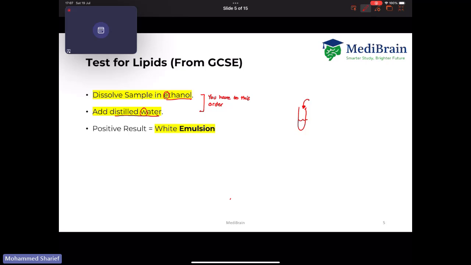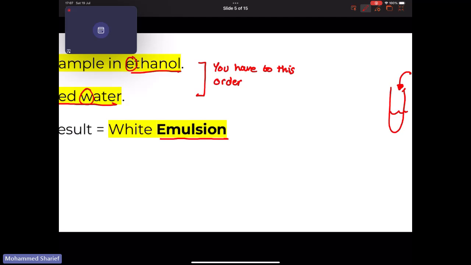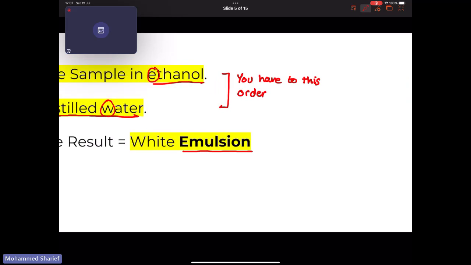And then again, you will always have a mark for the positive result, and the positive result is a white emulsion. Now, this is your safest way of presenting the positive result. People say cloudy, people say precipitate, but emulsion will be present on the mark scheme. So just say emulsion.